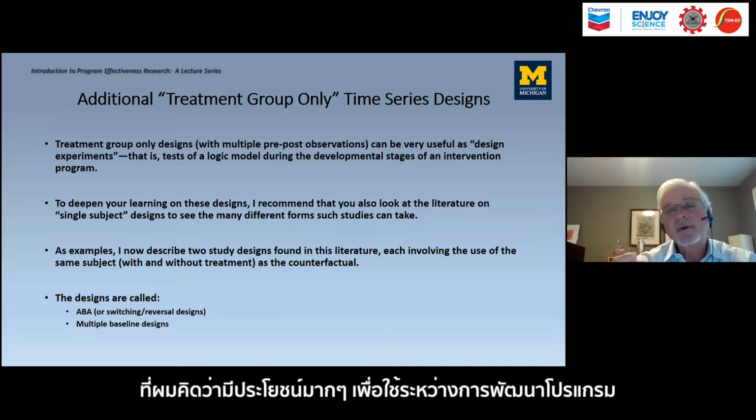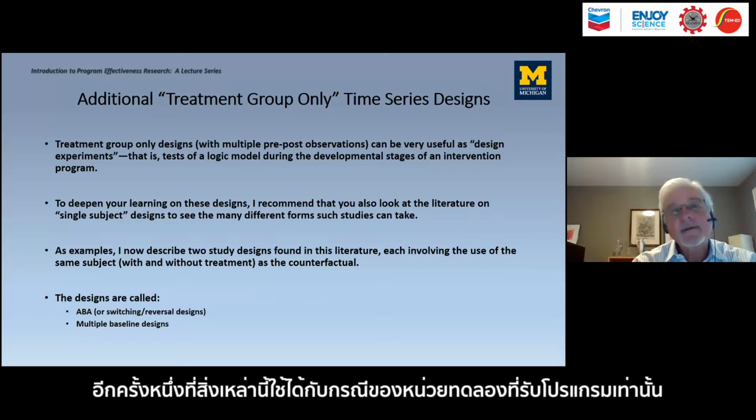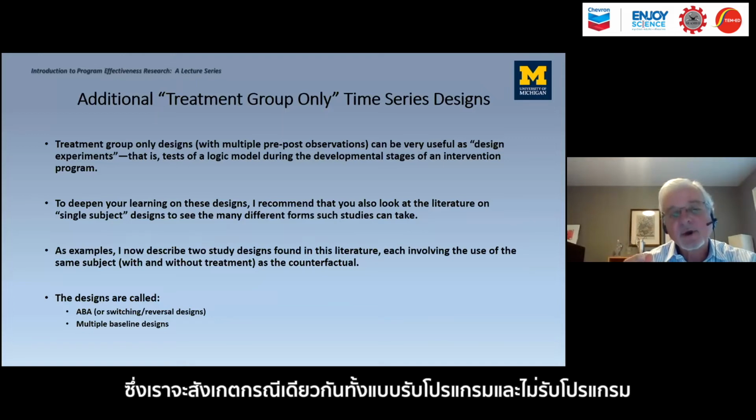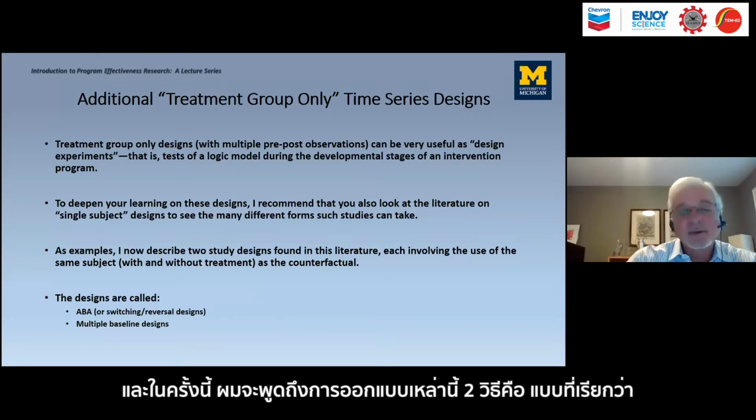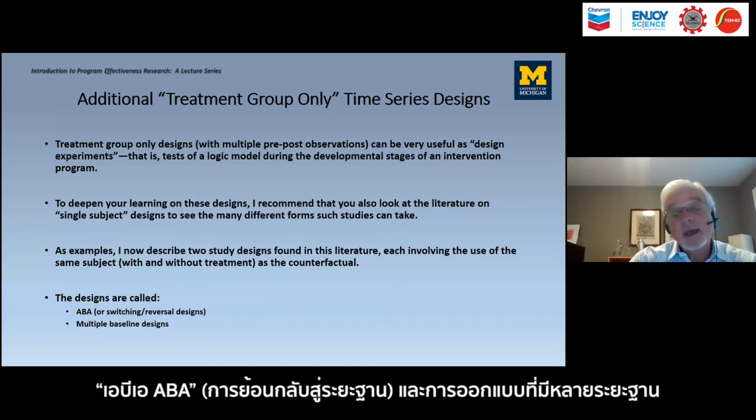And once again, these can be used with only treated cases where we observe the same case with and without treatment, using each case as its own counterfactual. And I'm going to talk about two of these designs, the ABA or switching or reversal designs and the multiple baseline design.